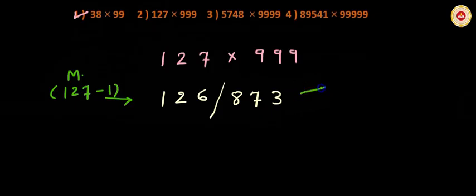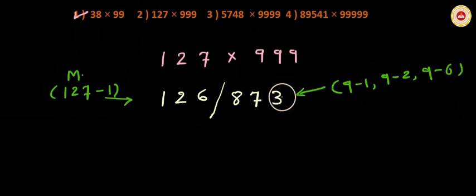And how did we calculate the right part? We subtracted these 3 digits of the left part from 9. 9 minus 1, we wrote 8. 9 minus 2, we wrote 7. And 9 minus 6, we wrote 3 here. Now friends, we have calculated these two parts.